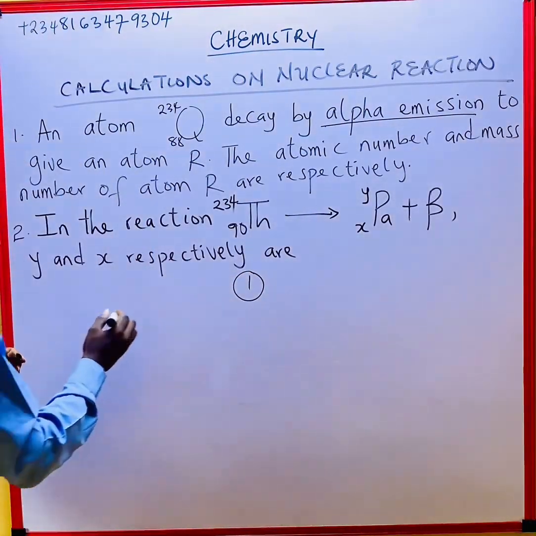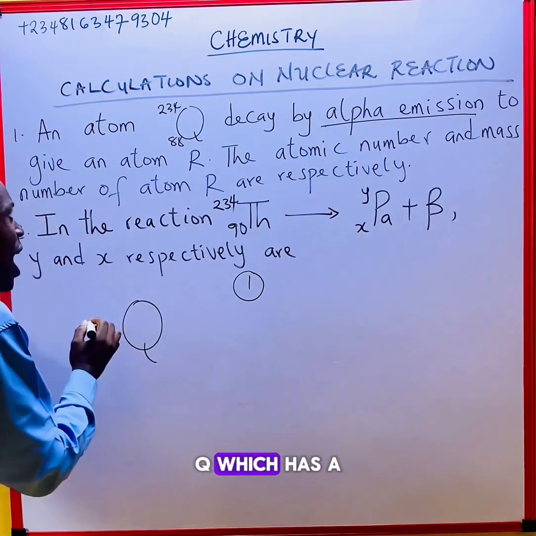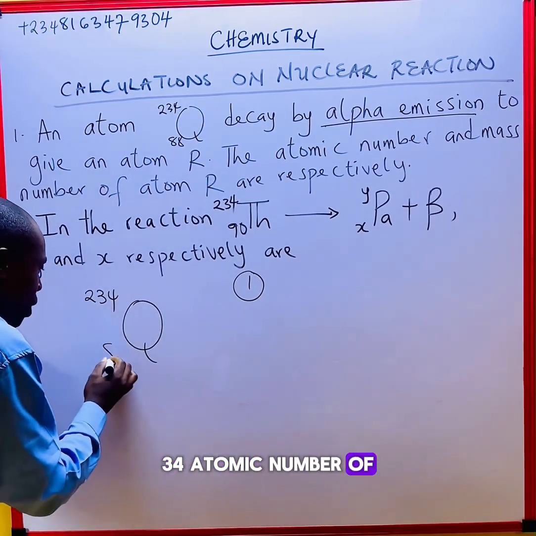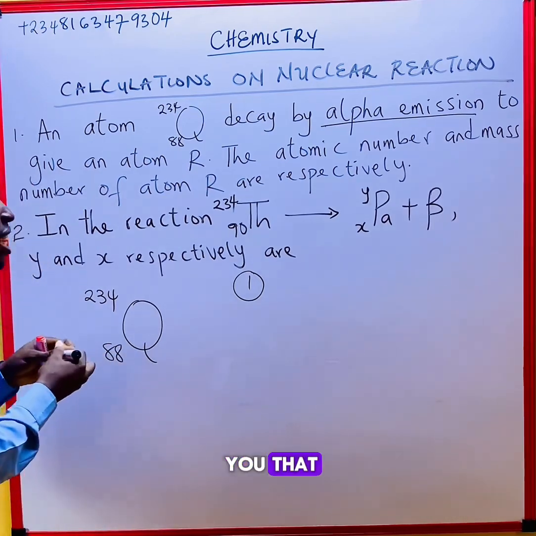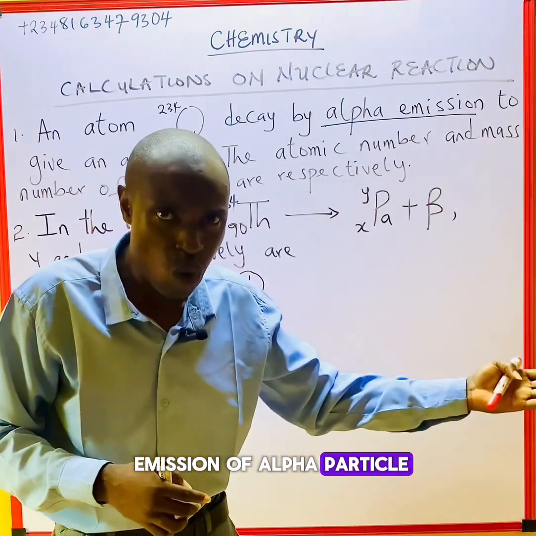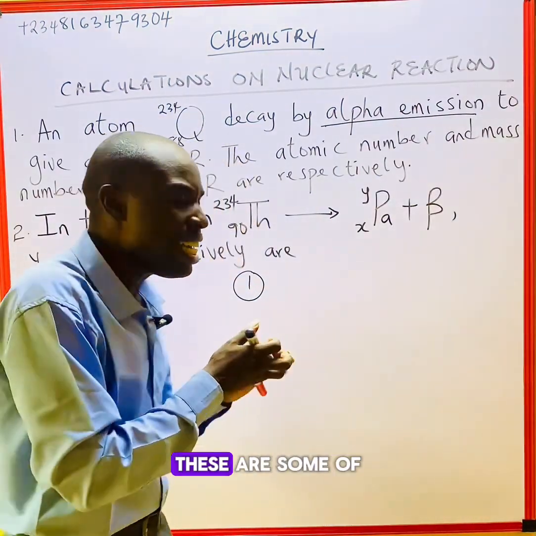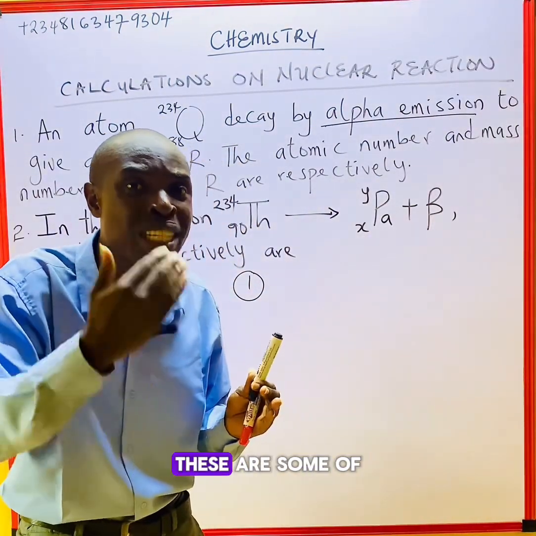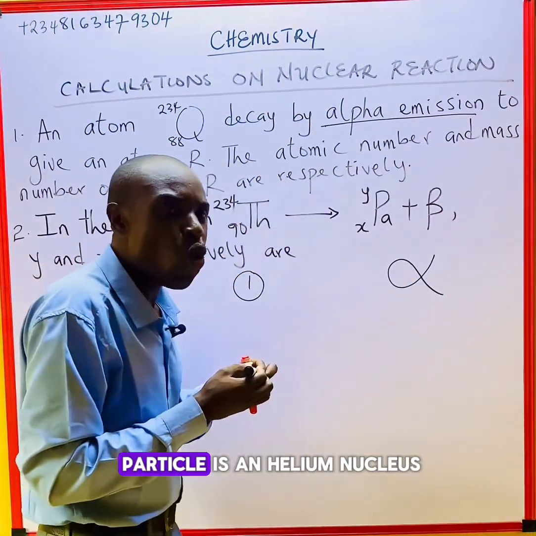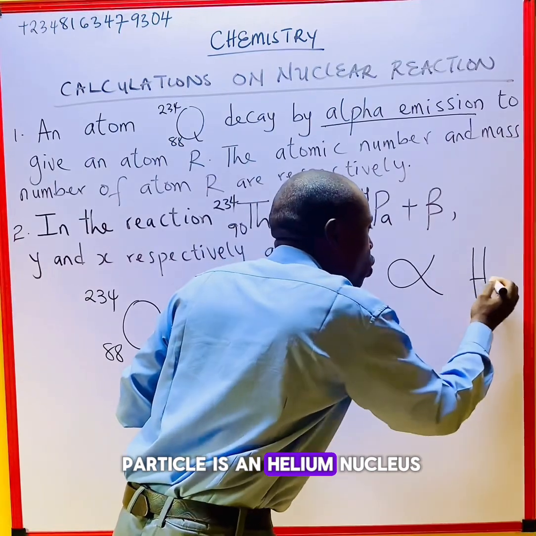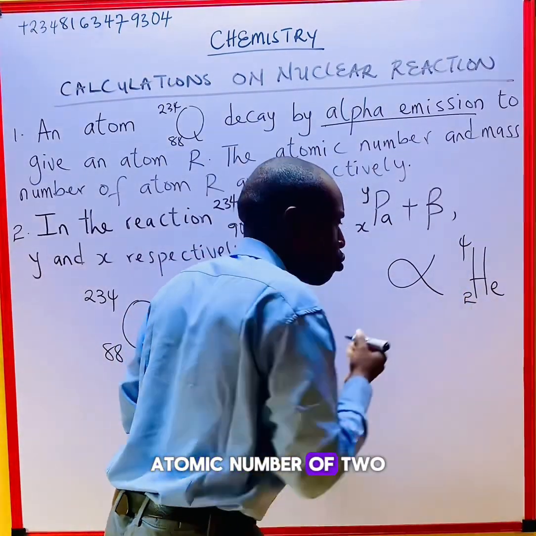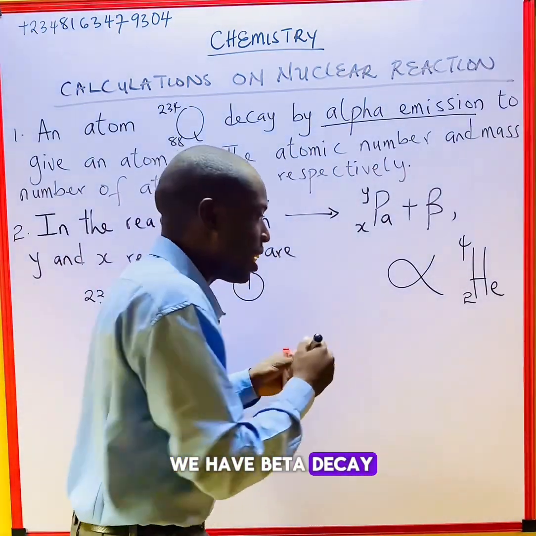Now take note, Q, which has a mass number of 234, atomic number of 88, they've already told you that it decays by the emission of an alpha particle. Now take note, these are some of the particles you use. These are some of the decays. What we call alpha: an alpha particle is a helium nucleus having a mass number of 4, atomic number of 2. We have beta decay.